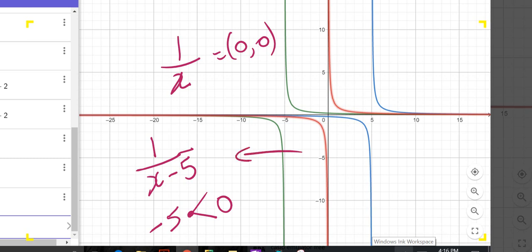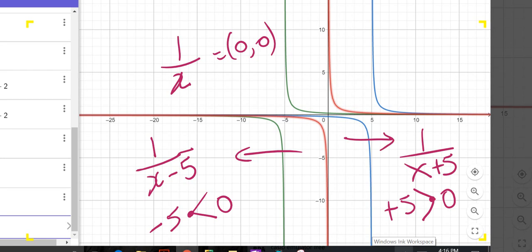It moves towards there. In this case, 1 over x plus 5 is larger than 0. Do you see the tip of the arrow? It moves towards there. I hope this is clear.